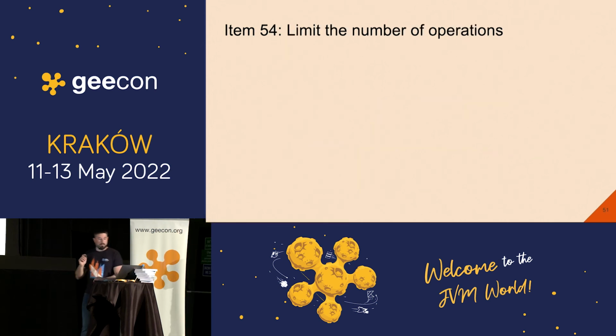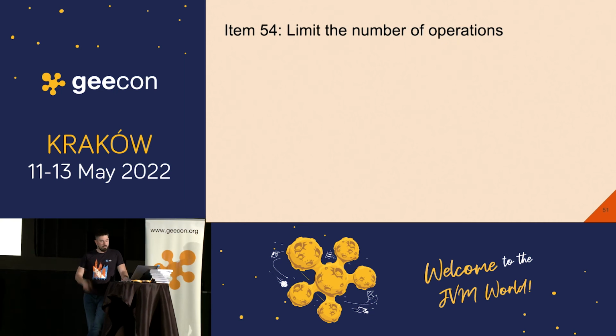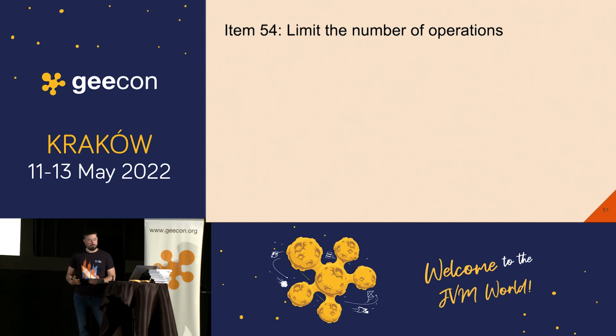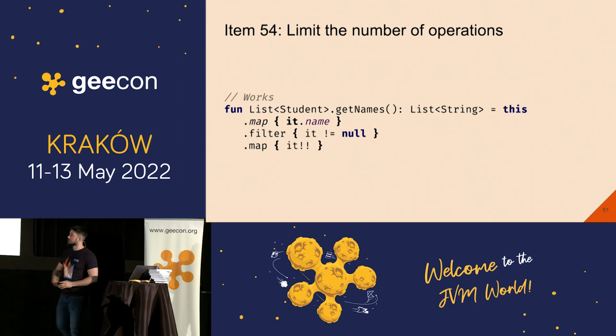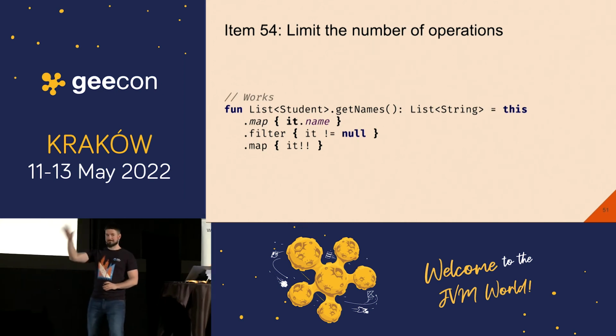Okay. Another pretty obvious rule is to limit the number of operations. Kotlin introduced a lot of alternative functions for collection processing. So for instance, when you have the following processing, what can we replace it with?